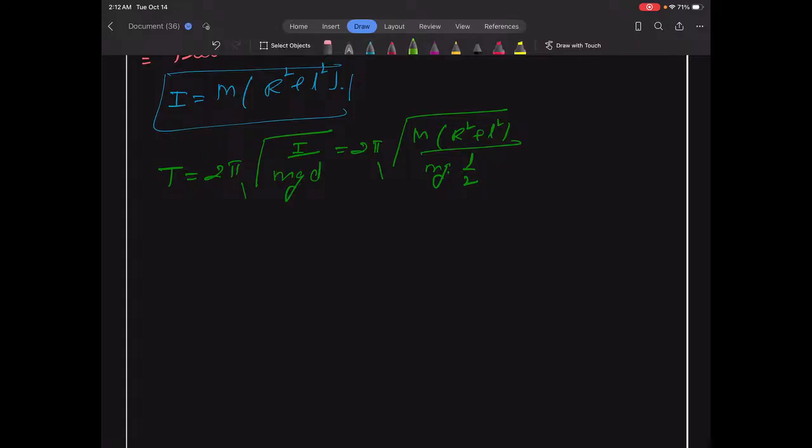Sorry, one thing I missed, that is mass. Mass is about twice m. So this mass and mass, 2 and 2 cancel out. Therefore, this comes as 2 pi square root of r square plus L square upon gL. So this is our time period for small oscillations.